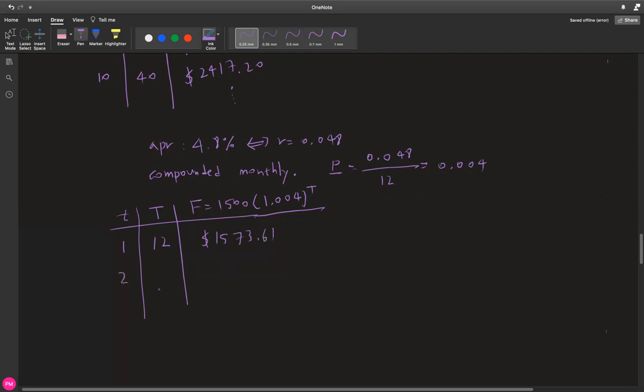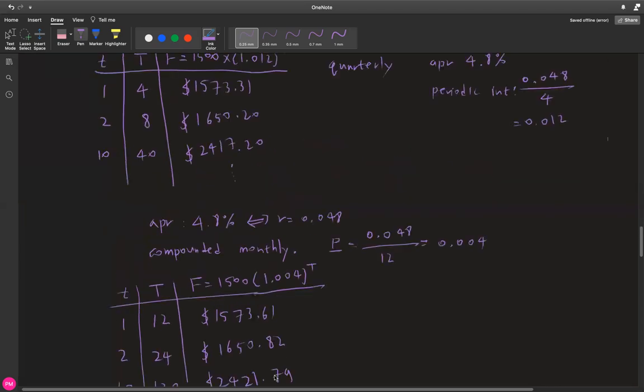At the end of the second year, it's compounded 24 times, and you'll end up with 1,650.82. And after 10 years, it's 120 times compounded, and hence you'll end up with $2,421.79.